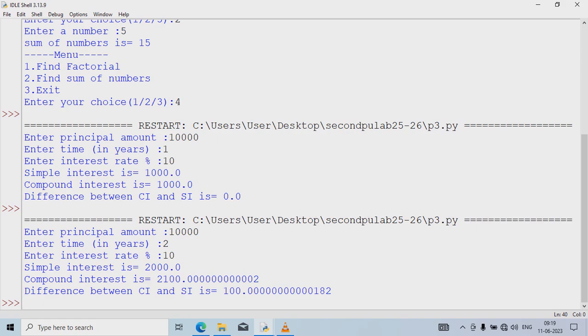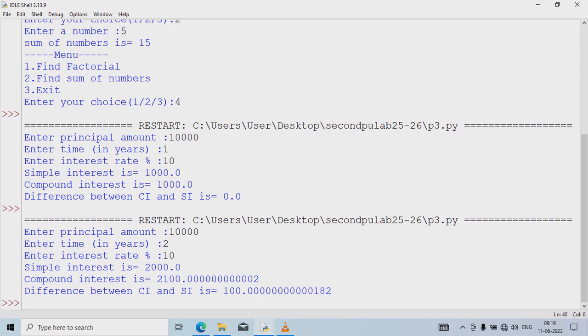So 100 is the difference, because instead of keeping the amount in bank in a simple interest, you will get only 2000. If you keep it in a compound interest rate, you will get 2100. So 100 rupees you are getting extra for 2 years.